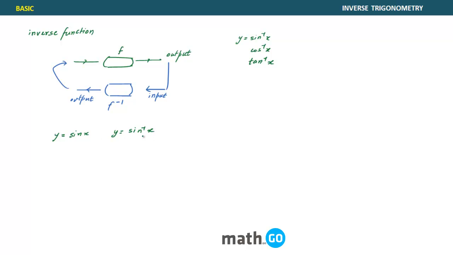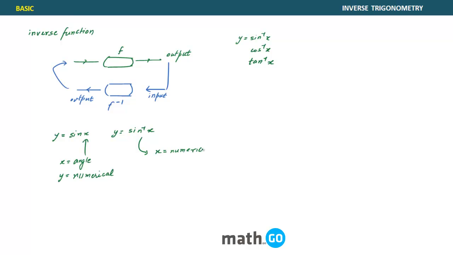In sine x, x is an angle and y is a numerical value, the output.